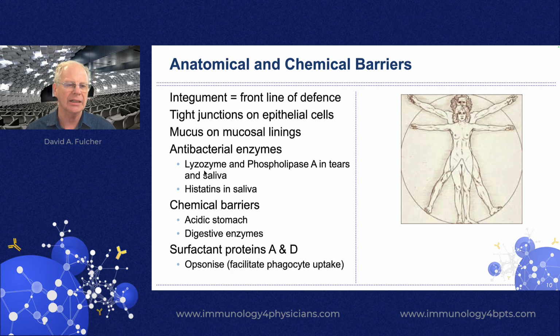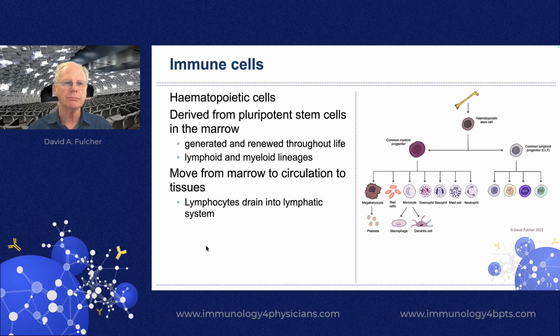We have histatins, chemical barriers, acidic stomach, digestive enzymes. All of these things a pathogen often would have to try to get through in order to reproduce itself, or in other words, cause an infection. Surfactant proteins also have a protective role and can mediate opsonization, which we'll come to very shortly.